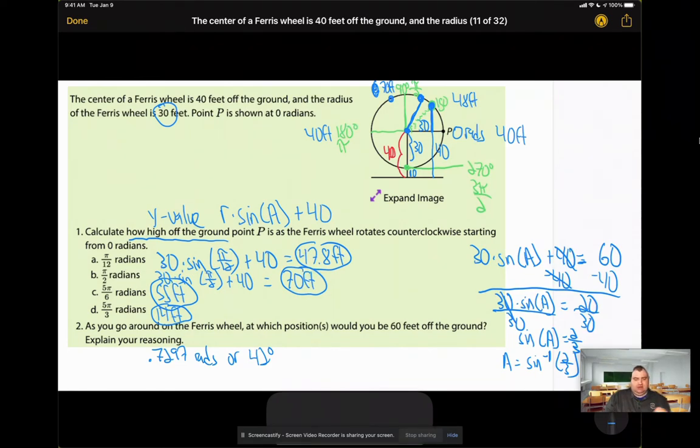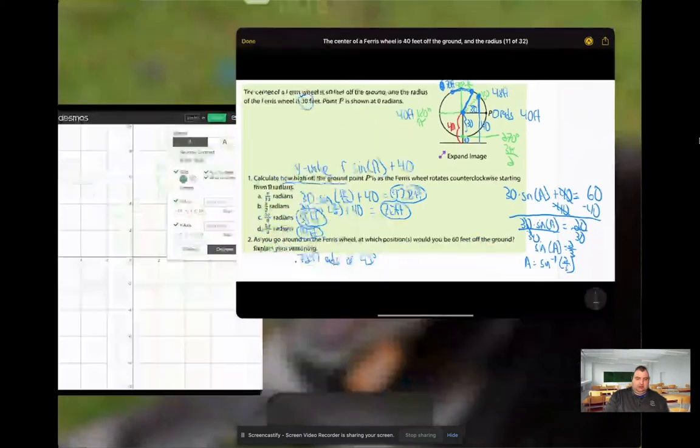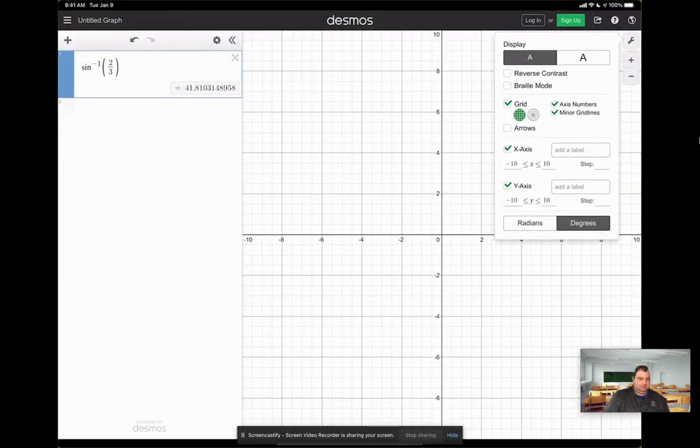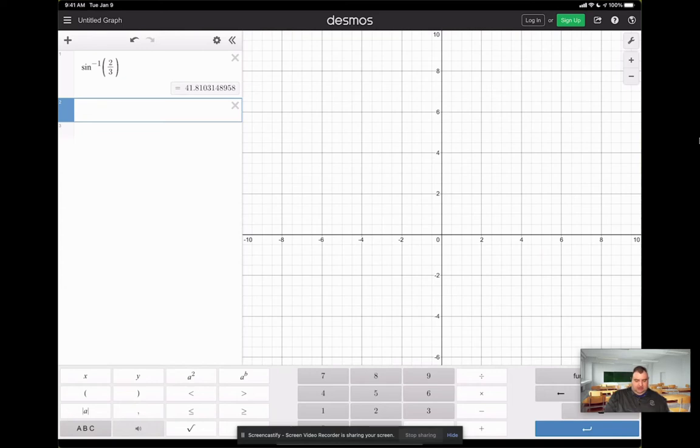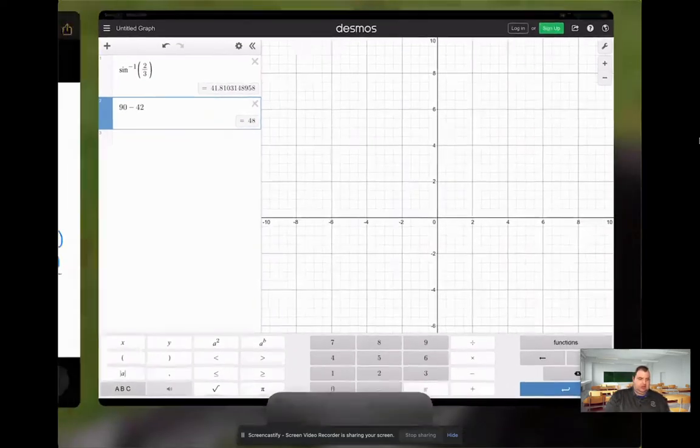So to figure out what this angle is right here, notice it should be symmetrical around 90 degrees. So if we assume it's 42 degrees, then 90 minus 42 is 48.